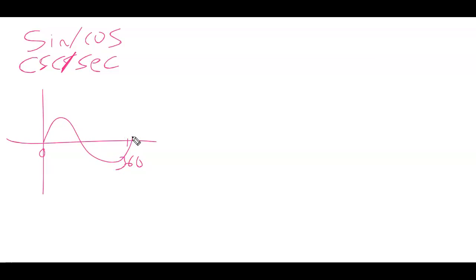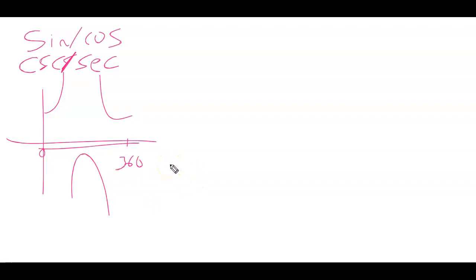That pattern, before it repeated again, looked like that for sine. For cosine, it looked like this, and then it repeated. For cosecant, it would have looked something like this, I think. And then for secant, it would have looked something like this on that interval. Okay, so all of them, though, finished their pattern in 360 degrees.